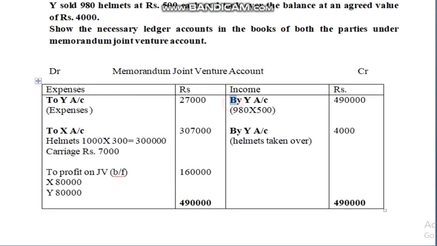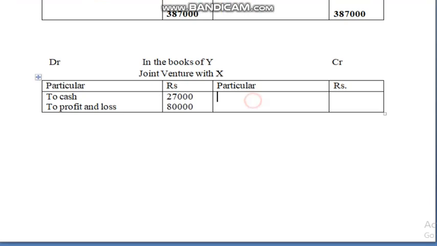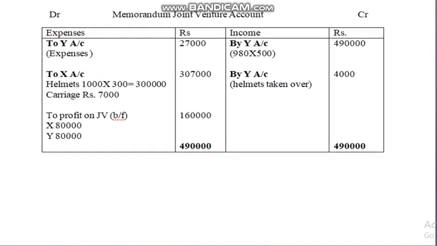Now the next transaction, Y account. So this is the sales transaction. So Y sold 4,90,000 worth of helmets. So if any sales made by co-venturer, that should be credited with cash or bank. So in credit side, by cash account, 4,90,000. The next transaction is relating to Mr. Y. So here Y took over the helmets at rupees 4,000.